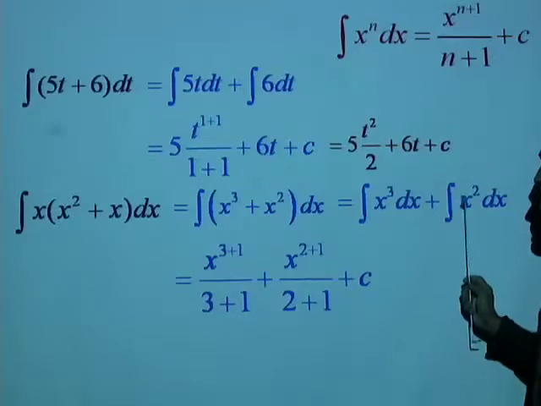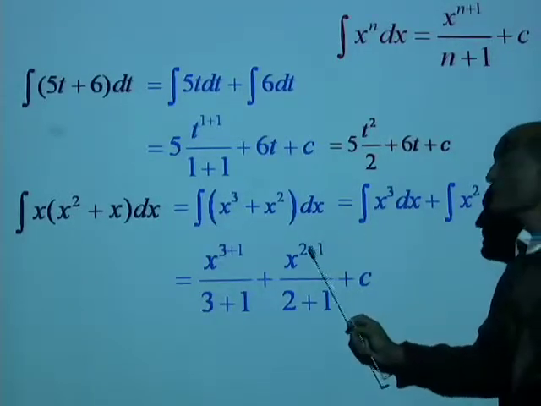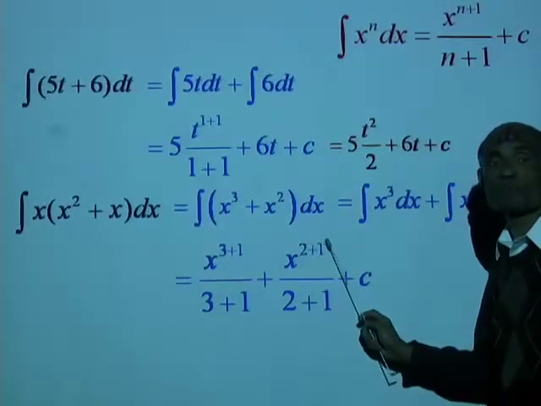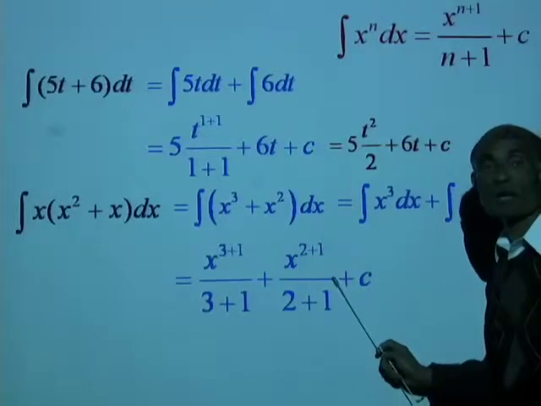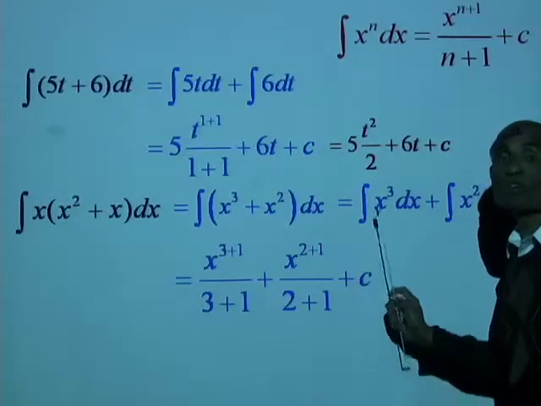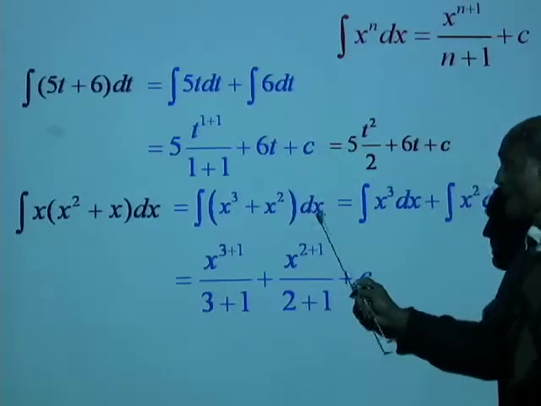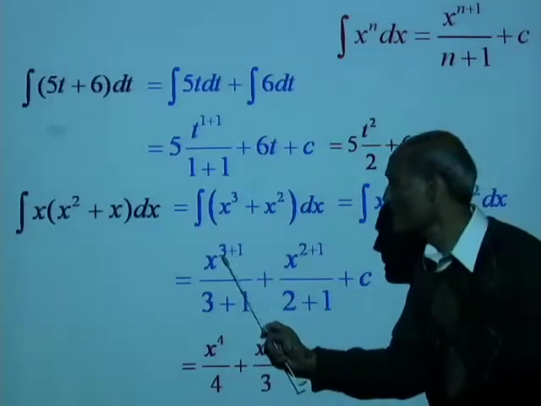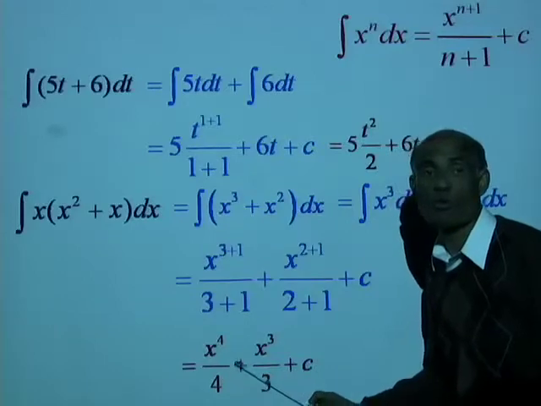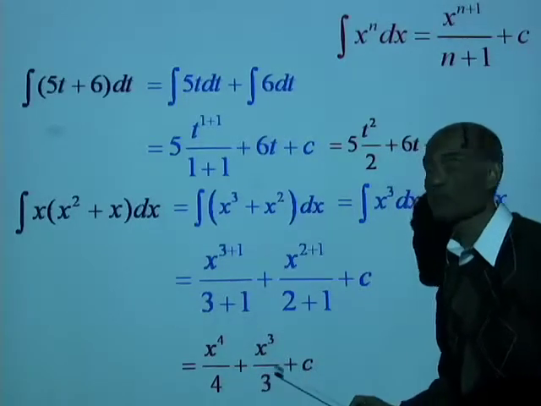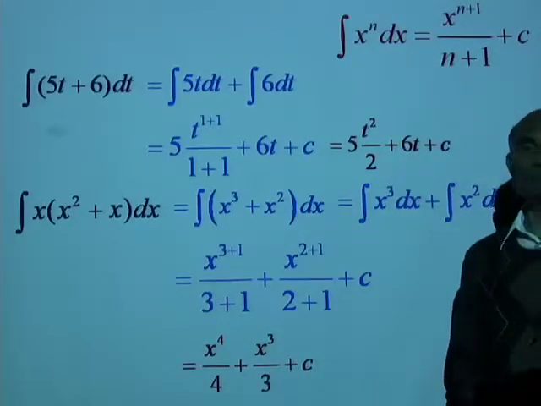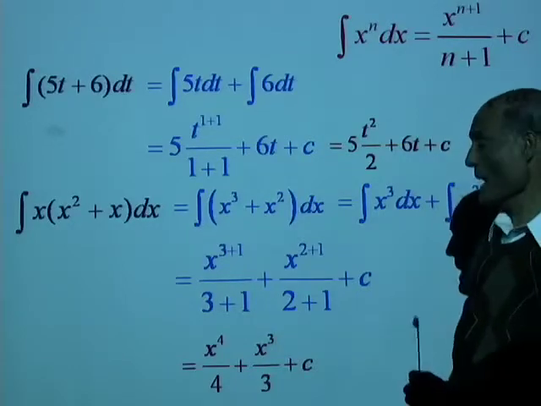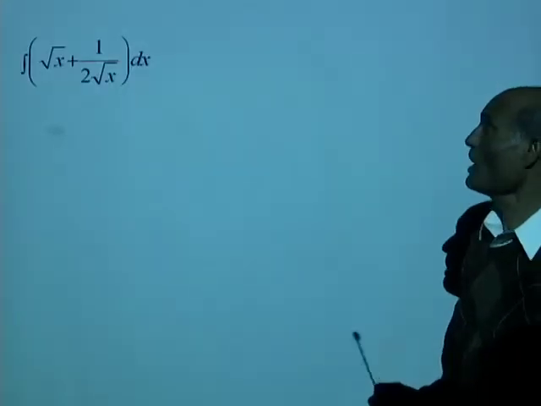Plus integral x squared dx is x to the power of 2 plus 1 over 2 plus 1 plus c. We need only add one c after integrating all the terms. And that will be x to the power of 4 over 4 plus x cubed over 3 plus c. Okay, let's move on and do another one.